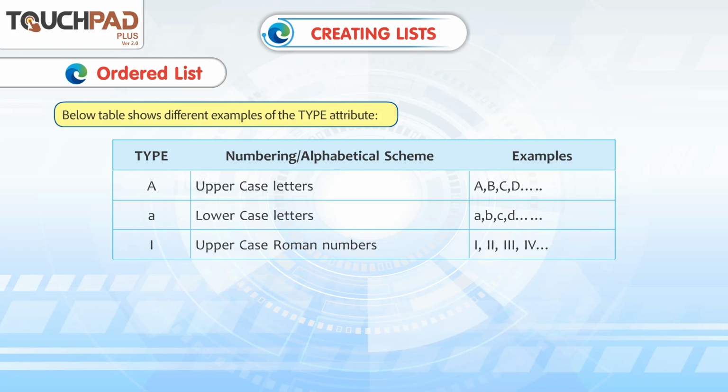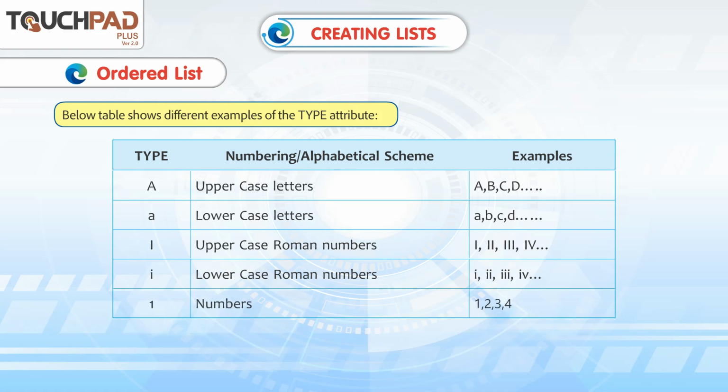Capital I: uppercase Roman numbers, I, II, III, IV and so on. Small i: lowercase Roman numbers, i, ii, iii, iv onwards. 1: numbers 1, 2, 3, 4.